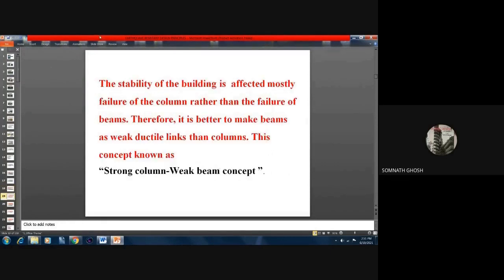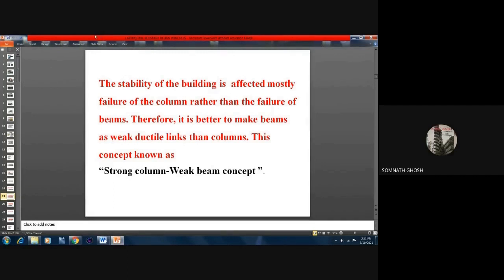The stability of the building is affected mostly by failure of the column rather than the failure of beams. Therefore, it is better to make beams the weak ductile links rather than columns.